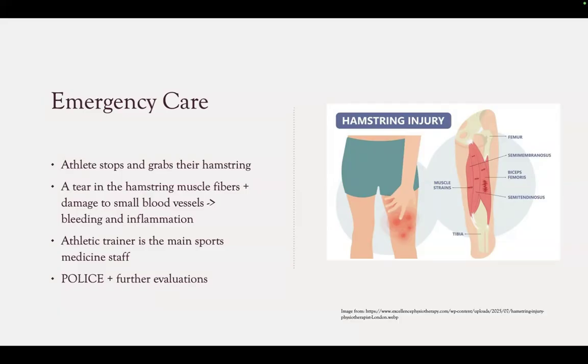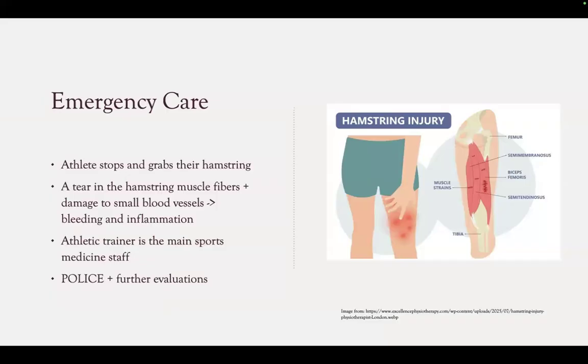The athlete notices pain, has decreased strength in the leg, and general function of the leg is smaller. Also, the range of motion is not as big as it can be, and we can feel the pain.